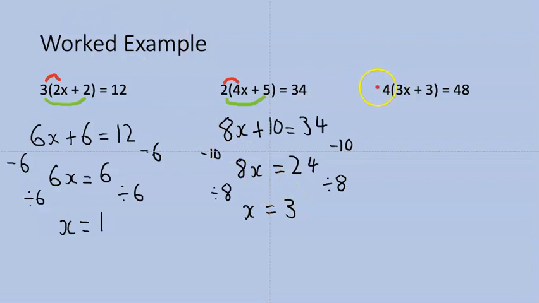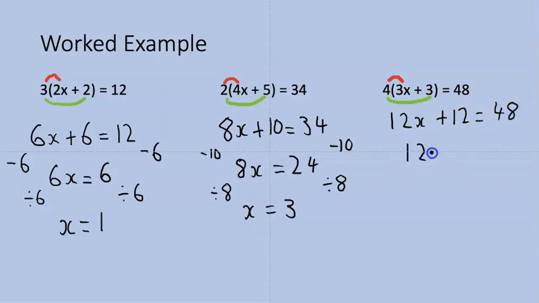And I apply the same method again to 4 times the 3x here. That gives me 12x. And then 4 times 3. That gives me 12. That equals 48.